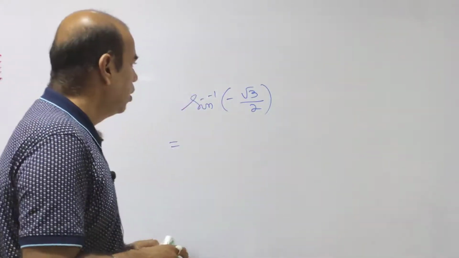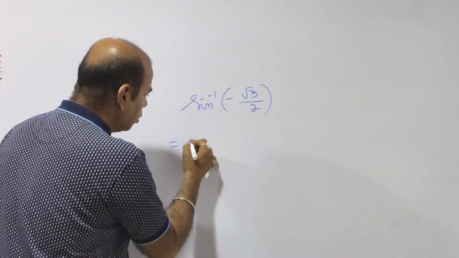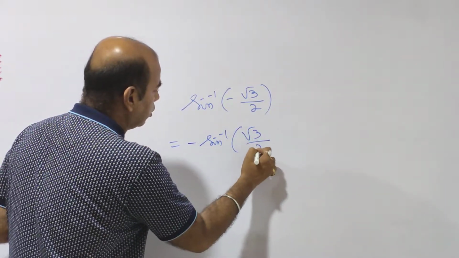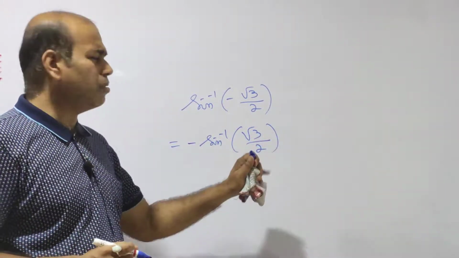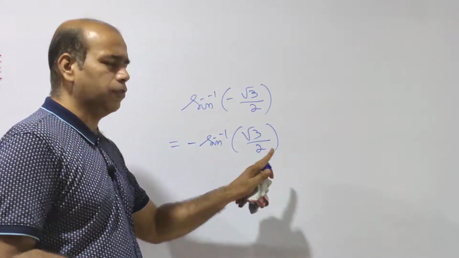So there is a minus here. Your first work is to write minus sine inverse root over 3 by 2, by the simple formula of sine inverse minus x being minus sine inverse x.